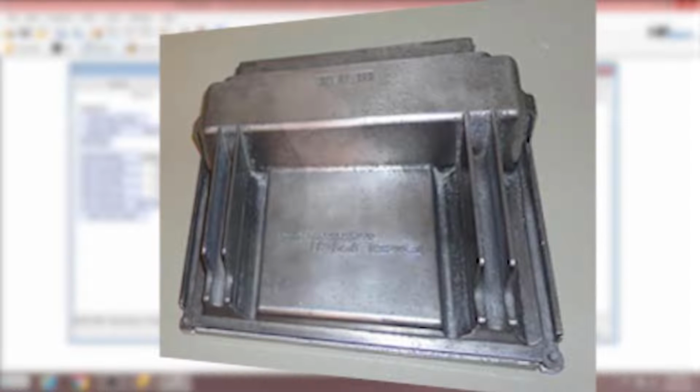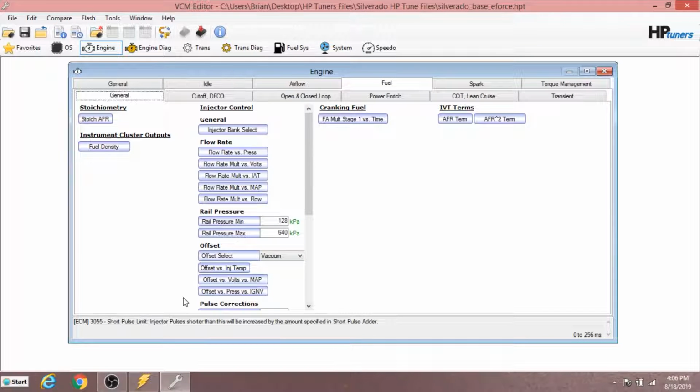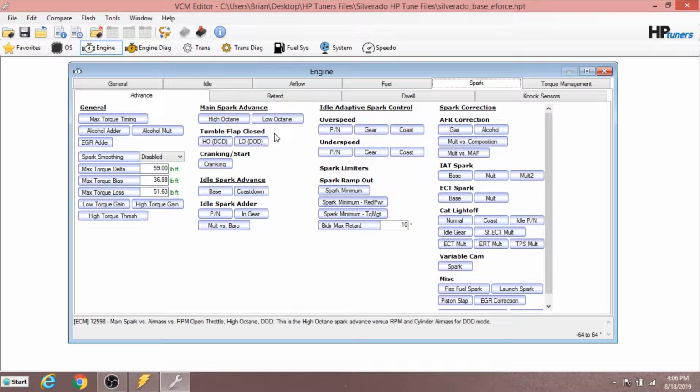Just depends on how many other computers are tagged along with it, whether it's a body control module, a transmission control module, whatever. The PCM is just another way of describing it based on what other computers are in the system. But basically, it's just the computer that controls the engine, and we generically label it as the ECU or the computer.